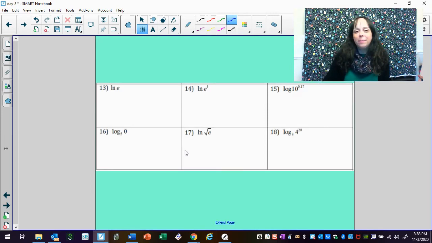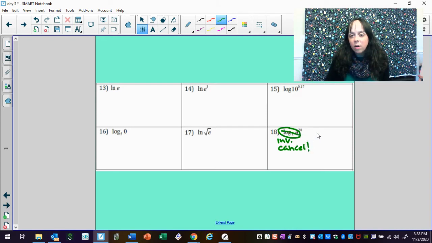Do you see any? Pause if you want. I see one here in number 18. Look, log base 4 of 4 to the 20. These guys are inverses, so they're going to cancel out. Bye-bye, see you never. The answer is just 20.